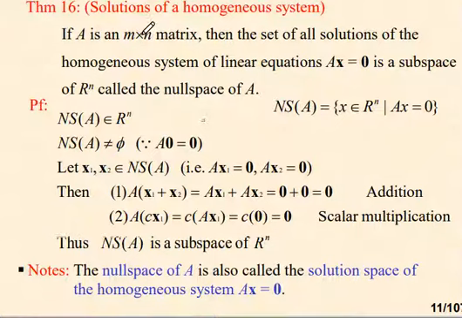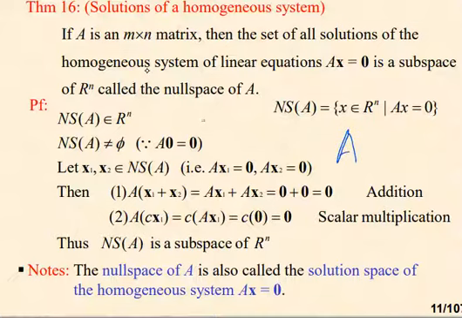If you want to define A times x, the dimension of A is m by n, and x is a vector. So if you want to define this, the dimensions should agree, right?